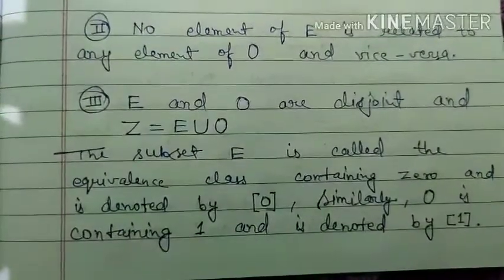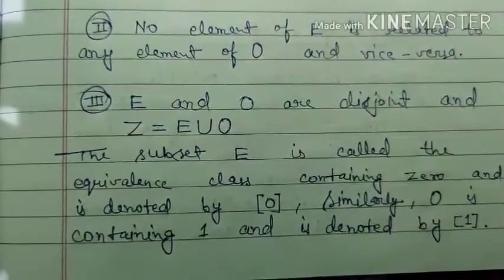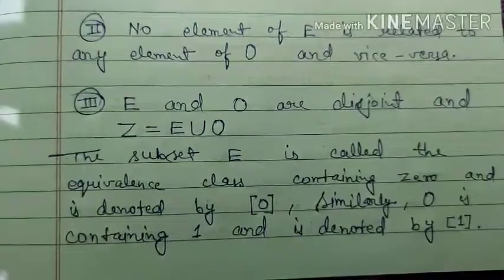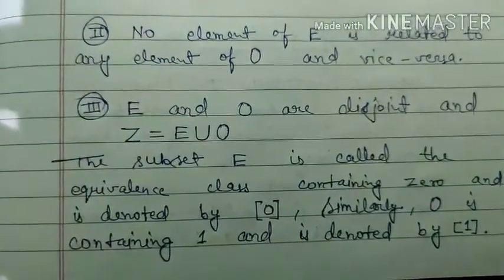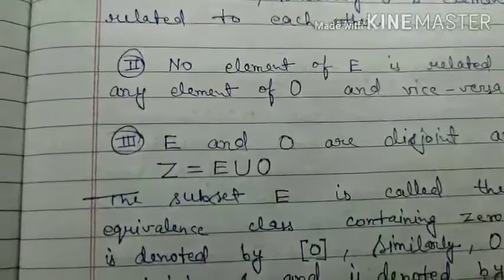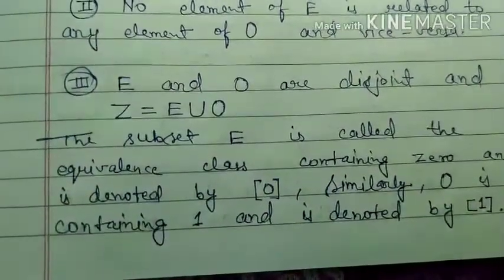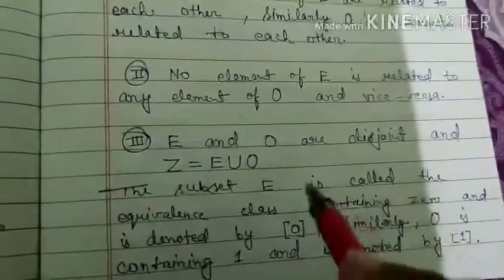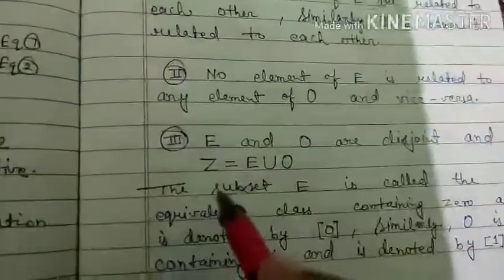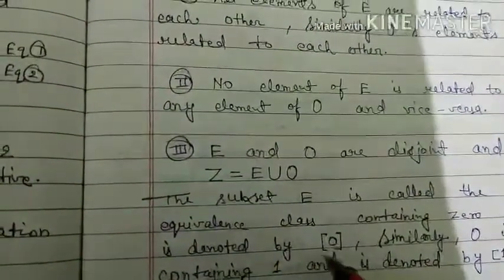Similarly, O is containing 1 and is denoted by [1] in square brackets. Here you must try to understand why we are taking 0 as the equivalence class.